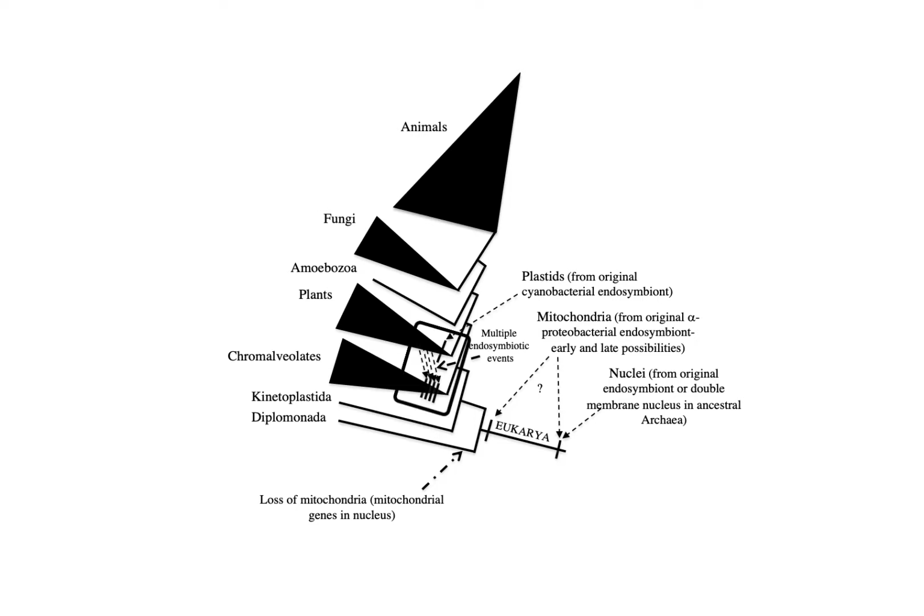What I mean is in this group here, the plants, first of all, picked up a plastid, which was originally a cyanobacterial endosymbiont. But then red algae, green algae became incorporated into this chromalveolate, or this alveolata, or now called the SAR group, for Stramenopiles, Alveolata, and Rhizaria.